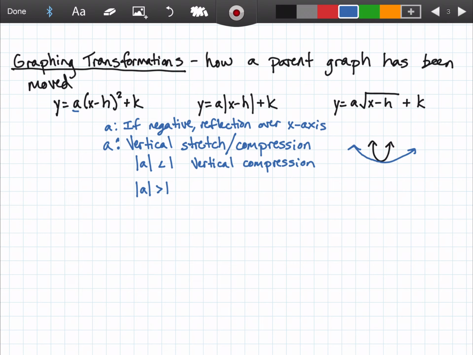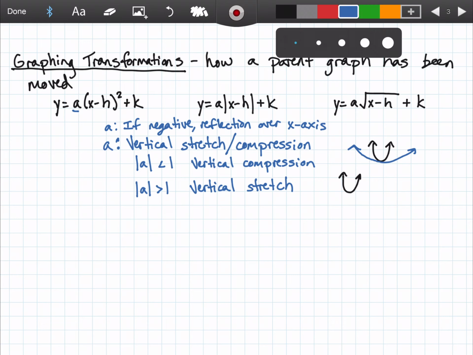I remember learning fraction makes it fatter. So a compression makes your parabola wider. Okay, now if it's bigger than 1, we have a vertical stretch. What that's going to do is make your opening narrower.